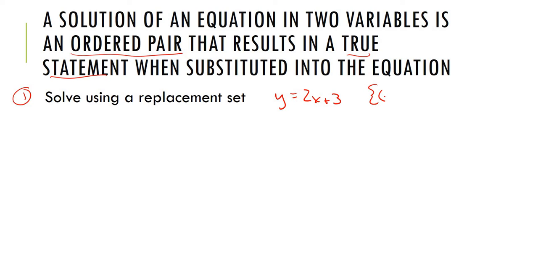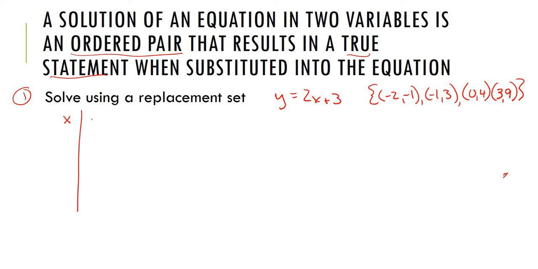This is just a group of ordered pairs that we're going to see whether they're true or false. So we're going to do -2, -1, -1, 3, 0, 4, and 3, 9.